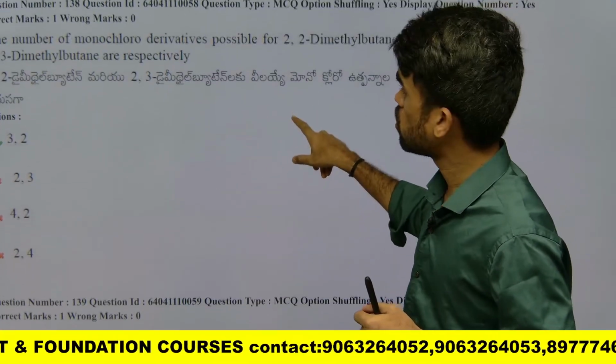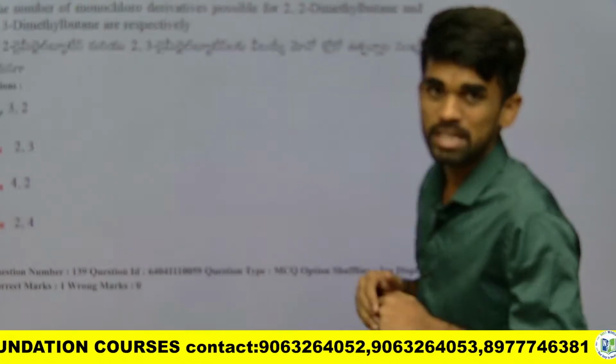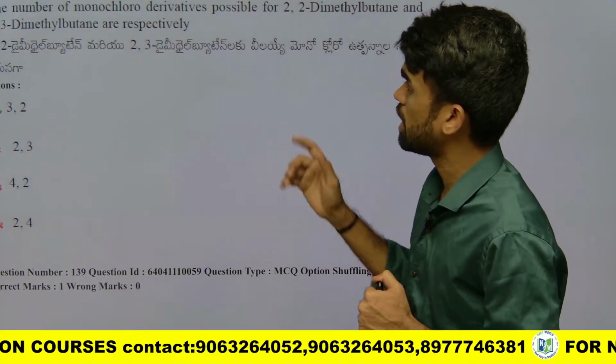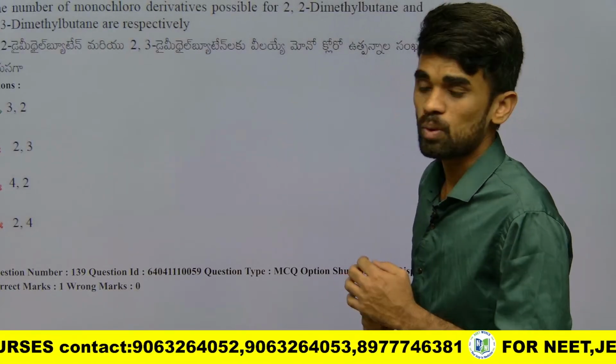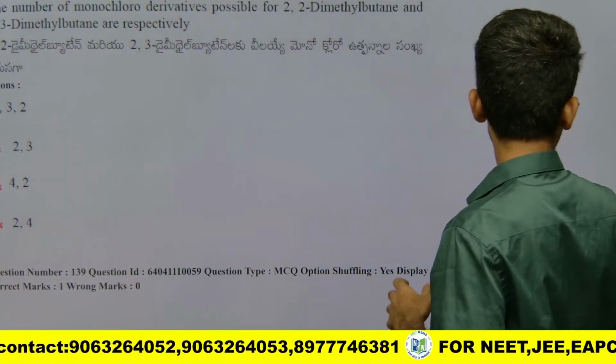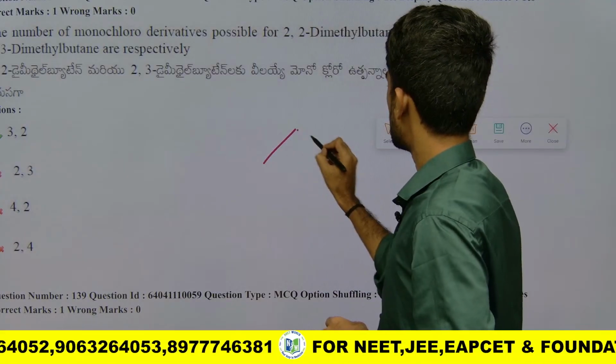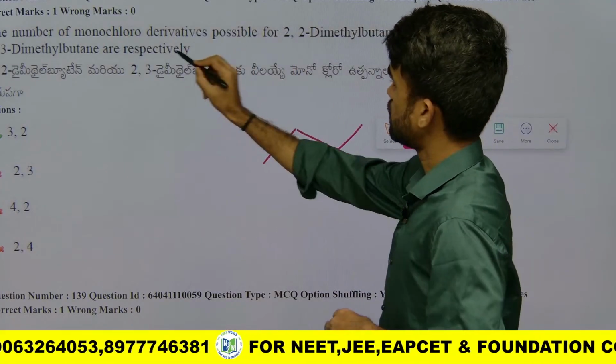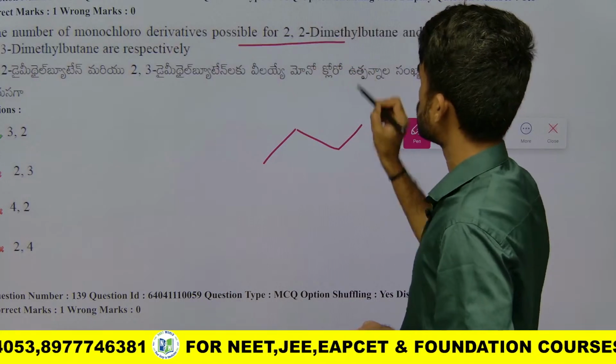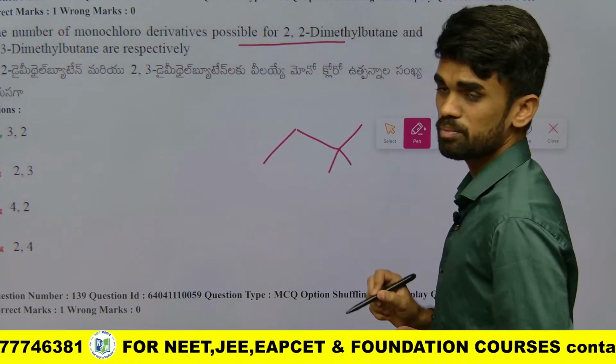Monochlorination of 2,2-dimethyl butane and 2,3-dimethyl butane: what are the possible products? I have explained, take the number of monochloro derivatives. For 2,2, it means the methyl groups are at the same position.